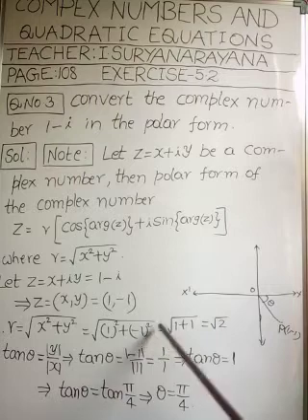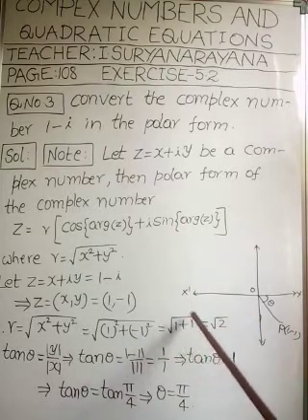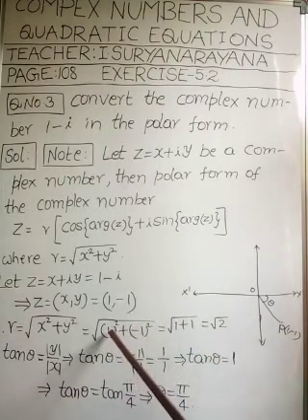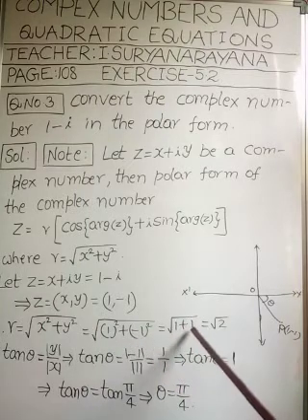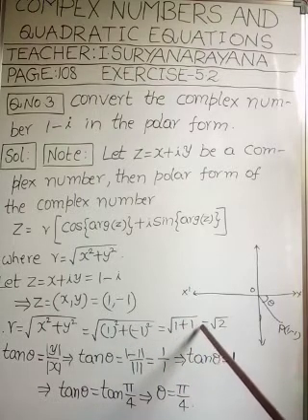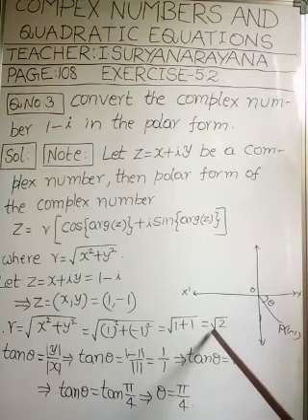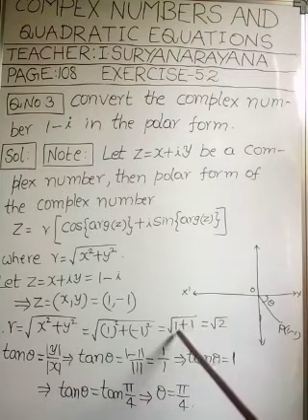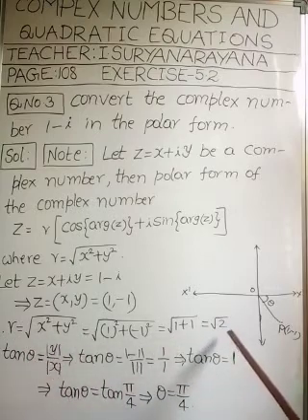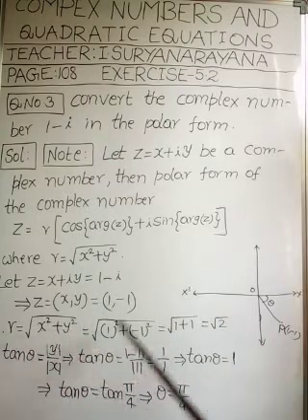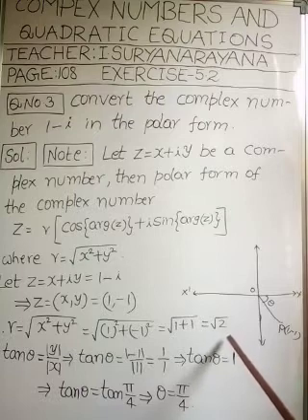That is equal to square root of 1 square, which is 1, plus minus 1 whole square, which is 1. That is equal to square root of 1 plus 1, which is 2. So this is the value of r.